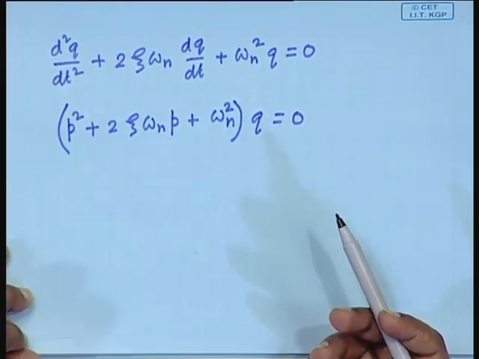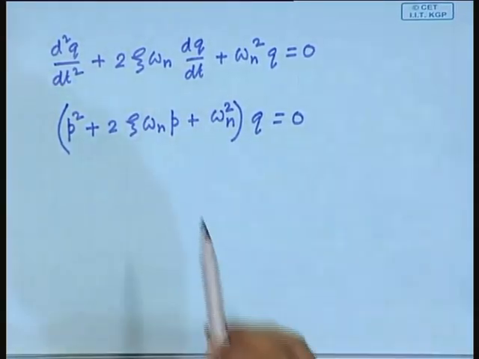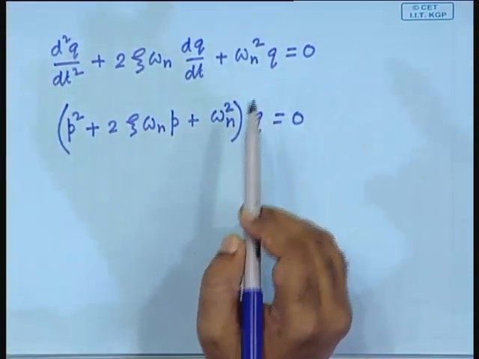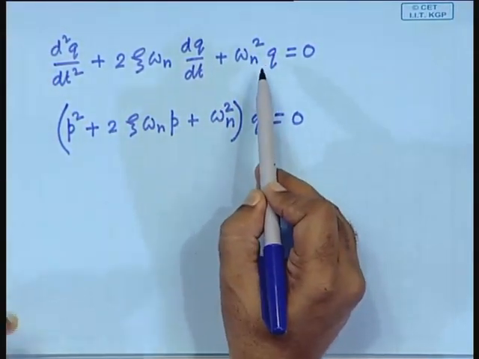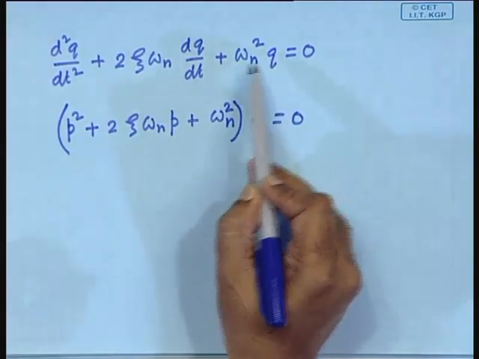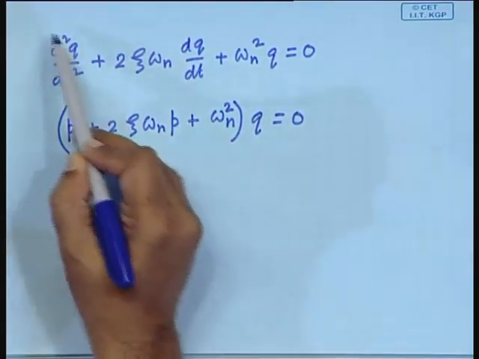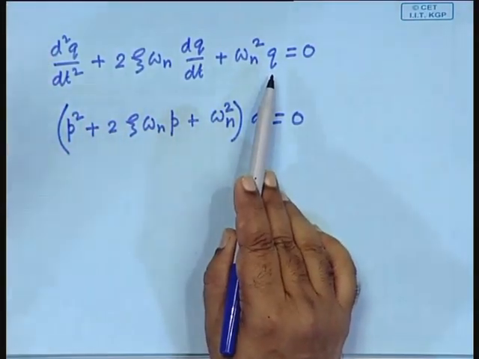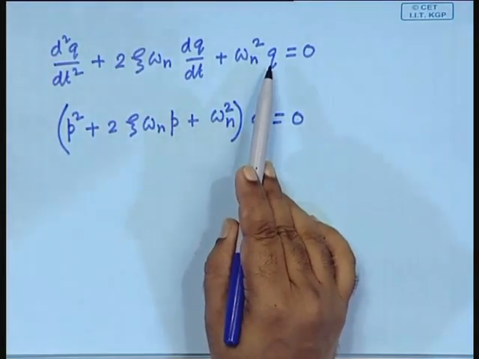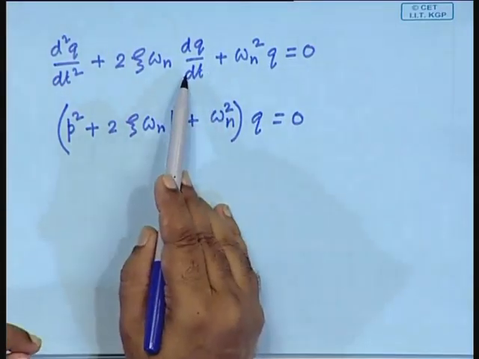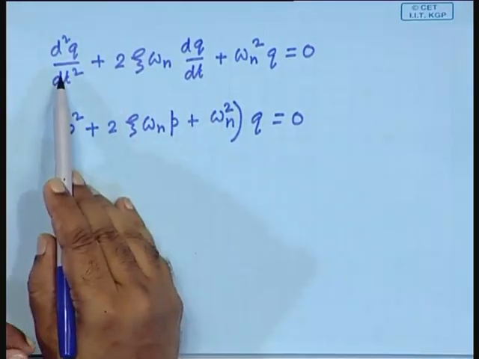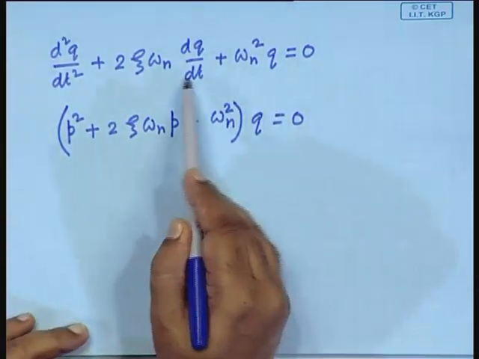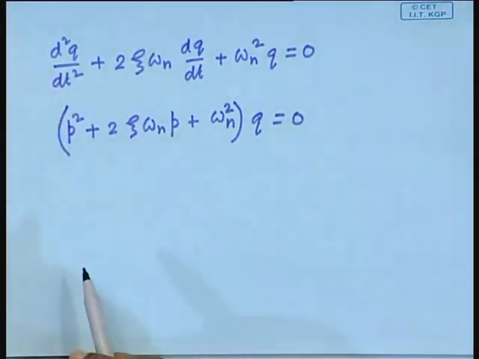The reason is that after all you are trying to solve an equation like this. Notice that it is a combination of q, the derivative of q and the double derivative of q. So, something, what that something is we do not know yet, whose derivative plus the double derivative with some coefficients should yield 0, and therefore, this and that must have the same form, otherwise this cannot happen.